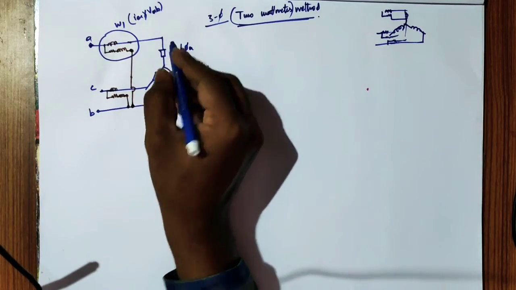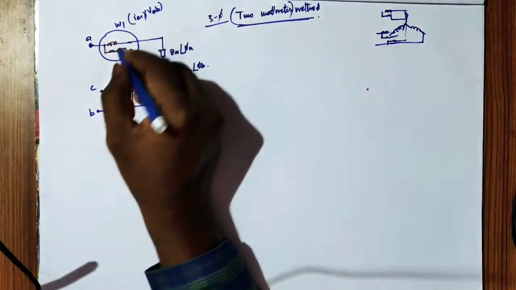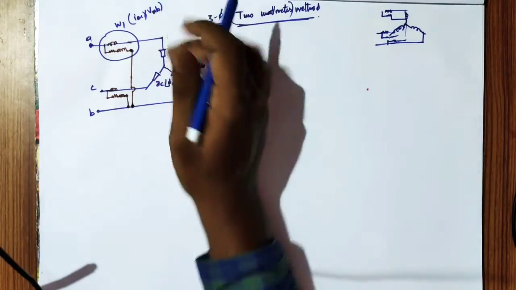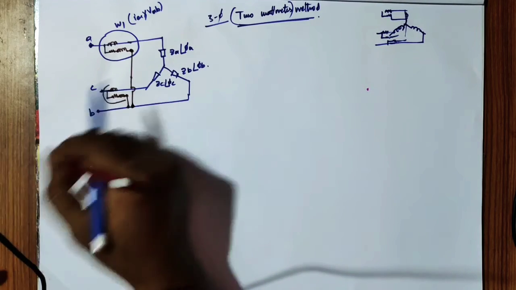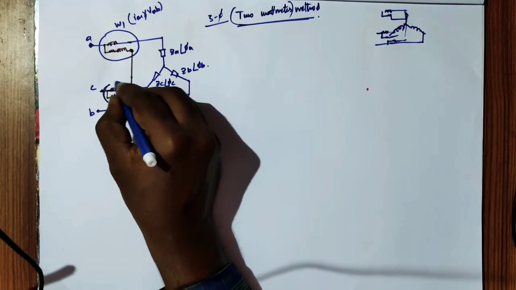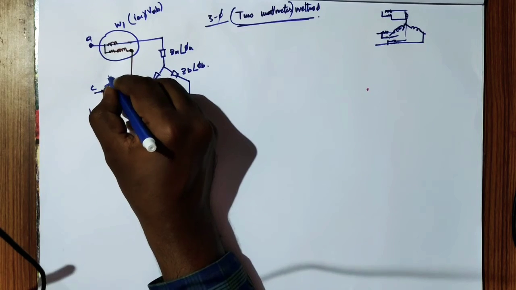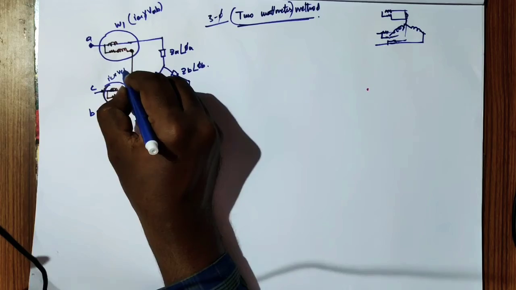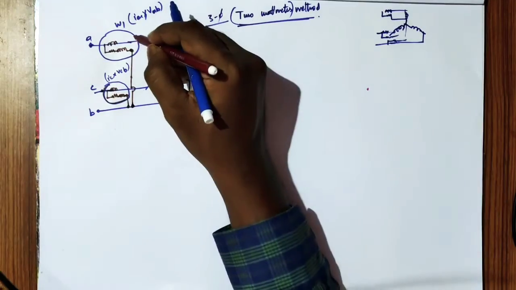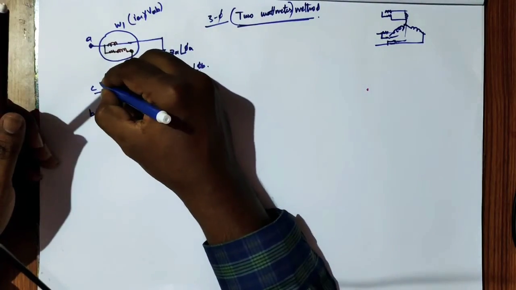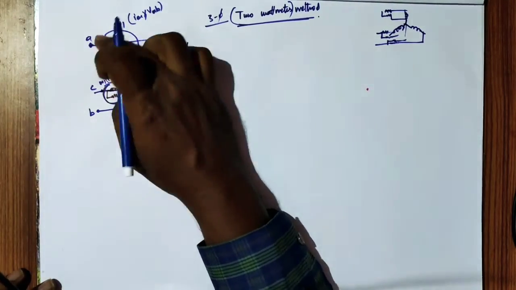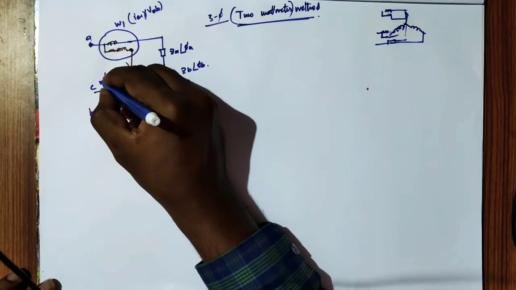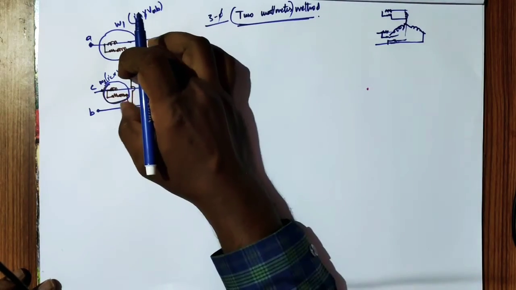In star you know that line current is equal to phase current, but the voltage will be different; the voltage it is measuring is the line voltage VAB. And this wattmeter W2 is measuring current IC into the line voltage VCB. Agree with me? So W1 measures line current IA and line voltage VAB, and W2 measures line current IC and VCB.